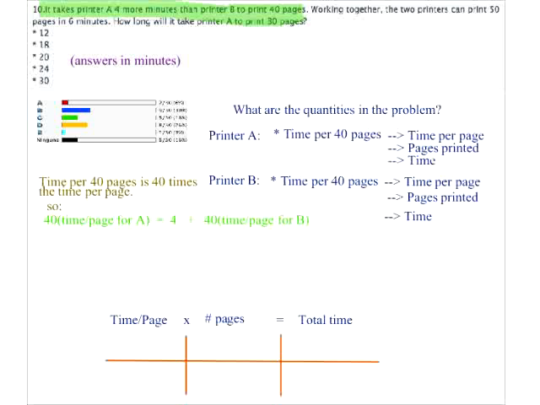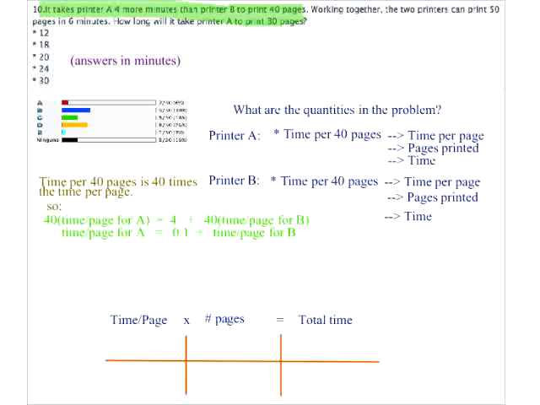So we can divide that whole thing by 40 to give time per page for A is 0.1 plus time per page for B.